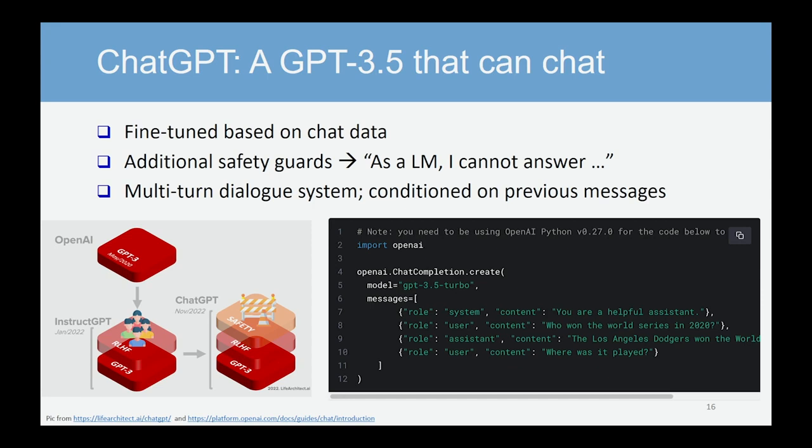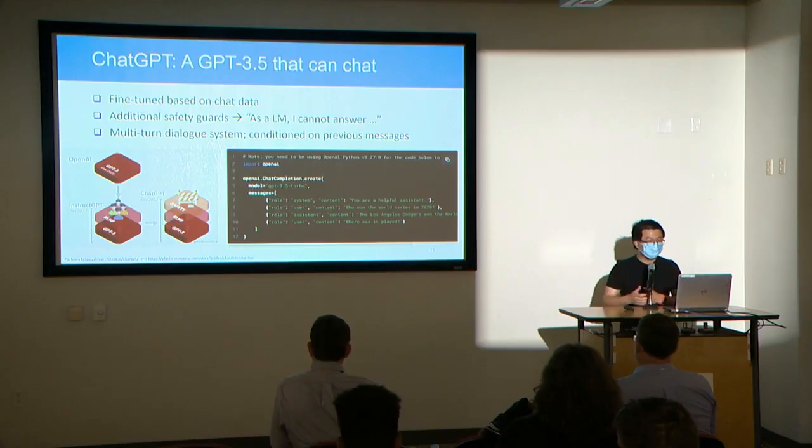You will find that it tends to give you a longer response and try to engage you in the conversation. And they also added additional safety guards, like you probably can see many times: as a large language model, I cannot do something, right? This is something they added additionally. It's more like a classification model to tell ChatGPT, you should not answer these questions.